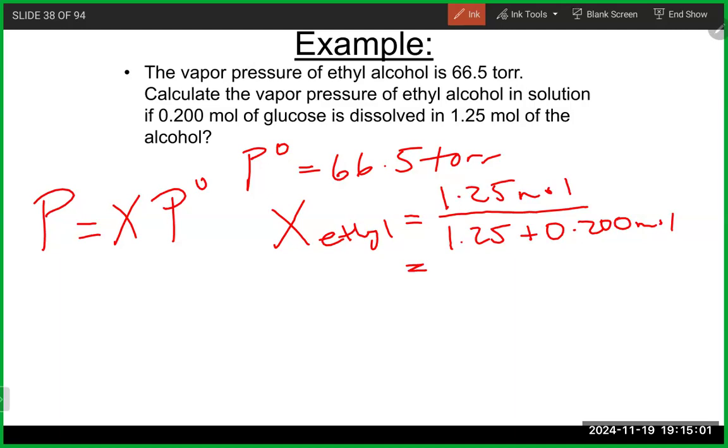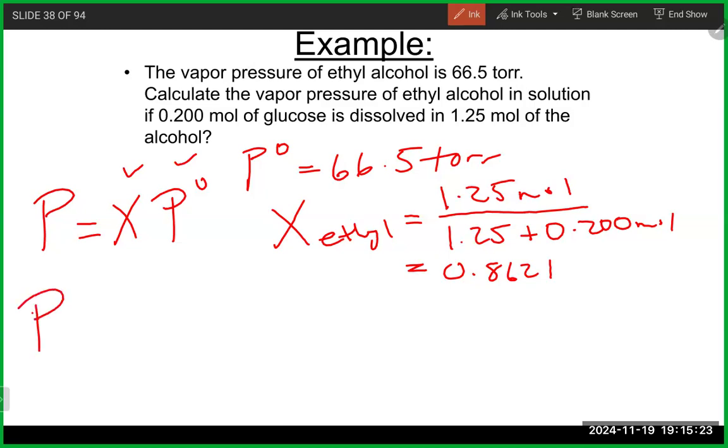That's going to give me 1.25 divided by 1.25 plus 0.2. It's going to give us a mole fraction of 0.8621. So now we have this and we have the vapor pressure of this ethyl alcohol by itself.